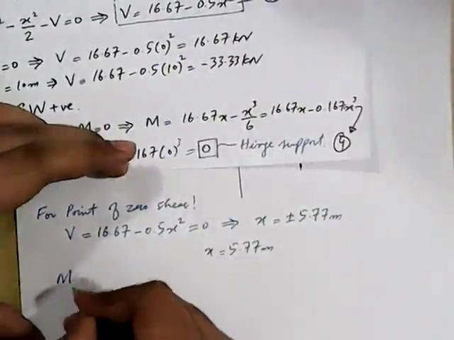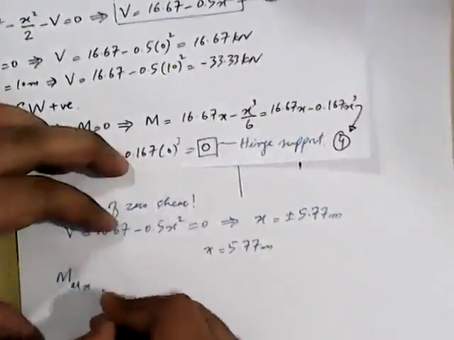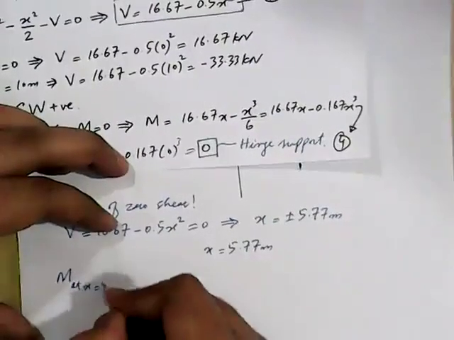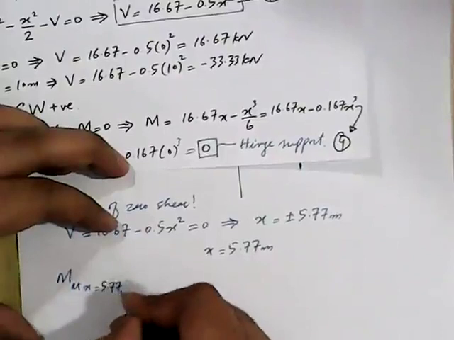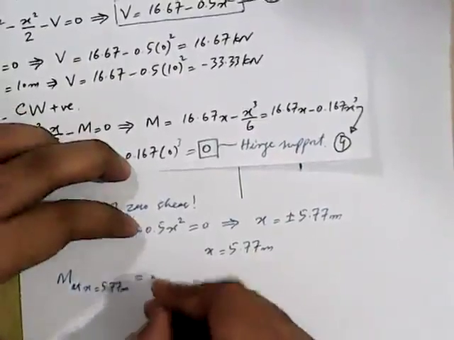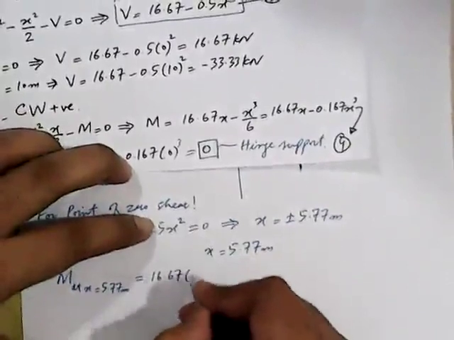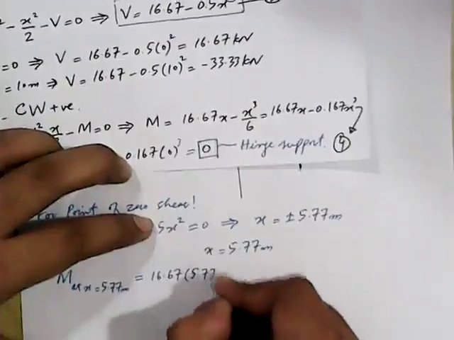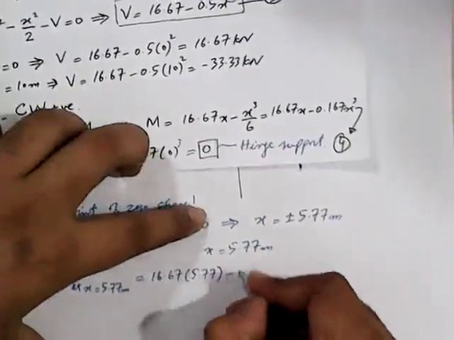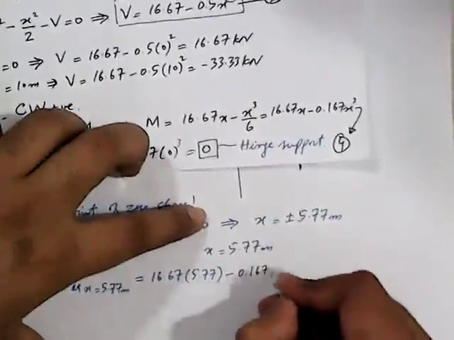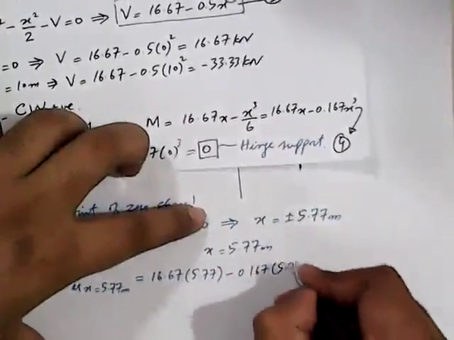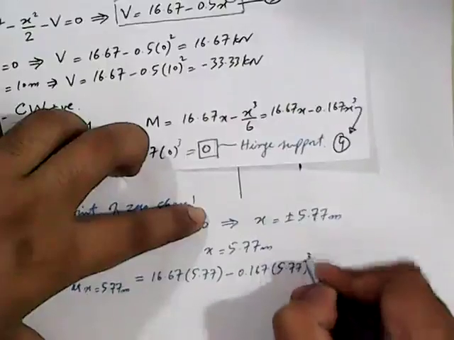So M at x equal to 5.77 meters, M is equal to 16.67 into 5.77 minus 0.167 into 5.77 cubed.